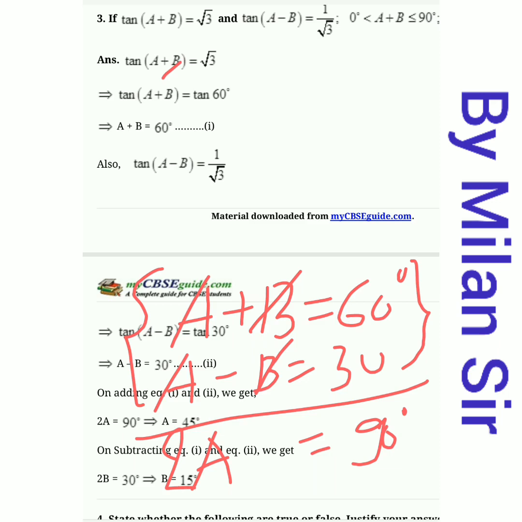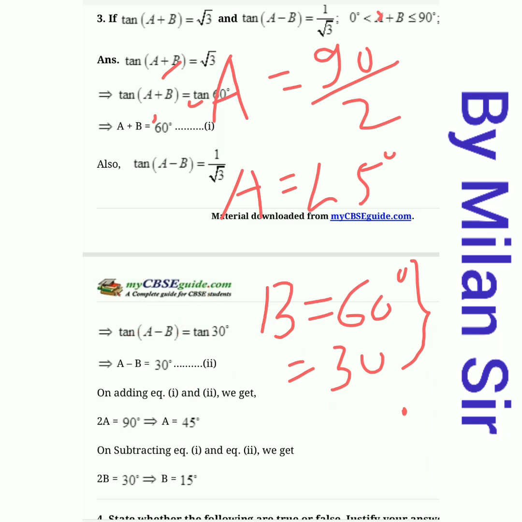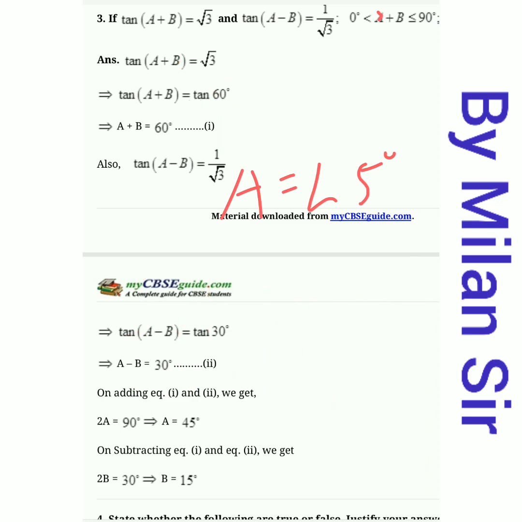So for finding a, transfer this 2 to the right hand side. So it goes in the denominator, 90 by 2. So a is equal to 45. Right? a is equal to 45. Then put this value a equal to 45 in equation number 1.